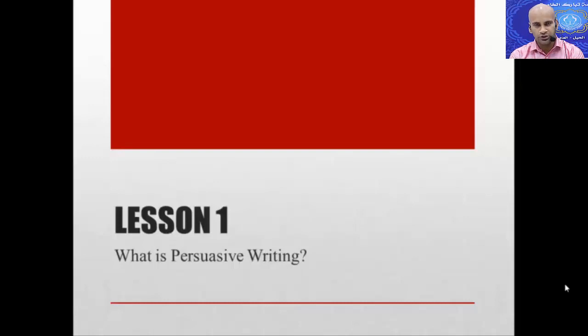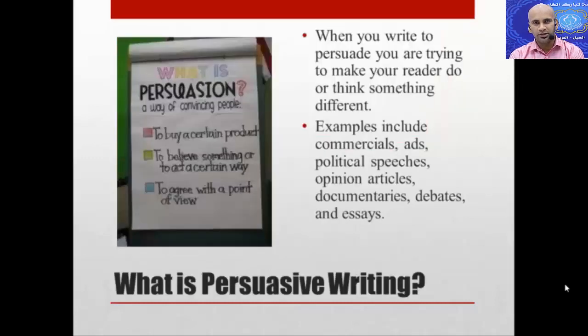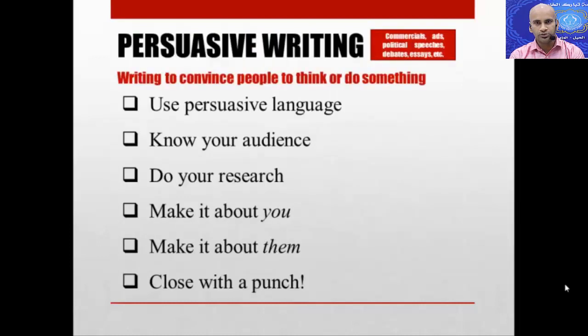So what do you have to do? When you write to persuade, you are trying to make your reader do or think something different. For example, commercials, ads, political speeches, opinion articles, documentaries, debates, essays. These are all different types of persuasive writing.